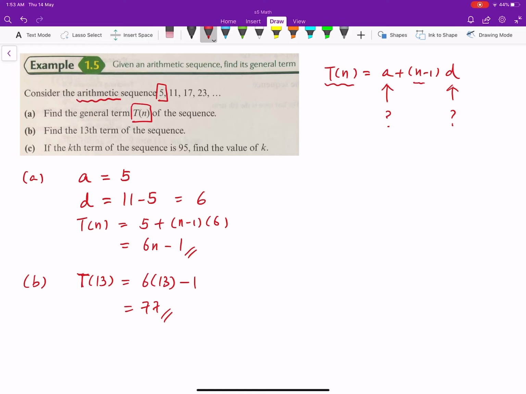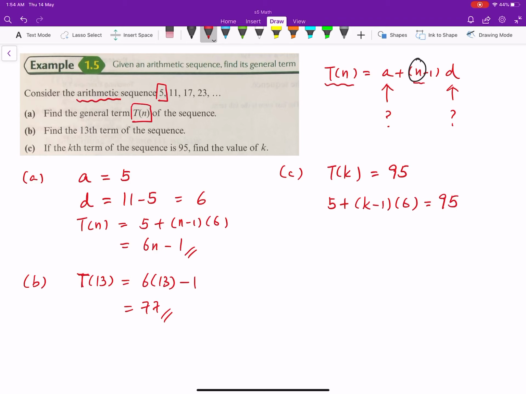And then for part C, we are going to find the kth term. Meaning we are going to actually find the n in this formula. So we just use Tk. We set Tk equals to 95 first, and then A plus n minus 1 D becomes, A is 5, n becomes k minus 1 D equals to 95.